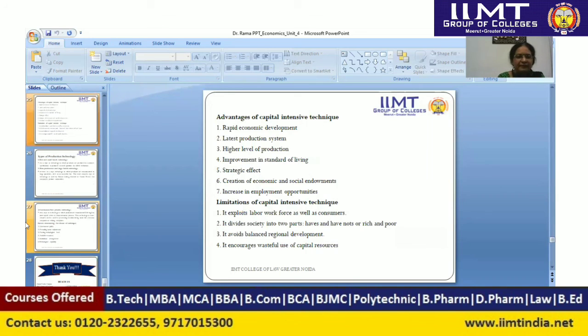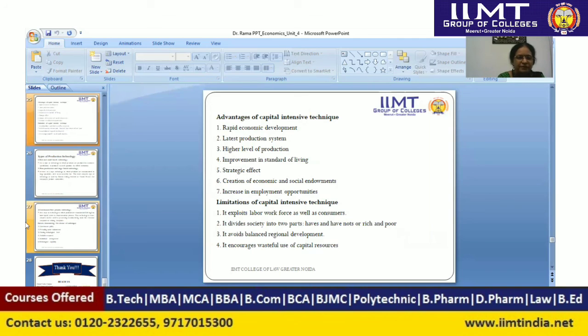Advantages of capital intensive technique: rapid economic development, latest production system, higher level of production, improvement in standard of living, strategic effect, creation of economic and social empowerment, and increase in employment opportunity.